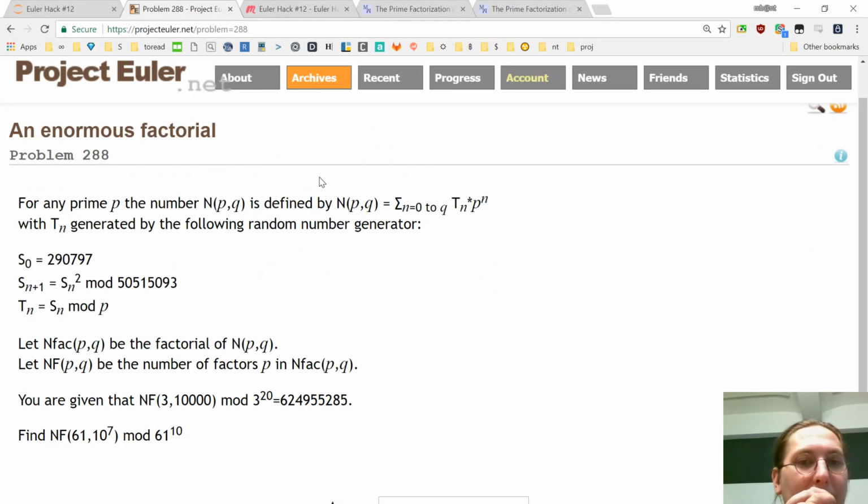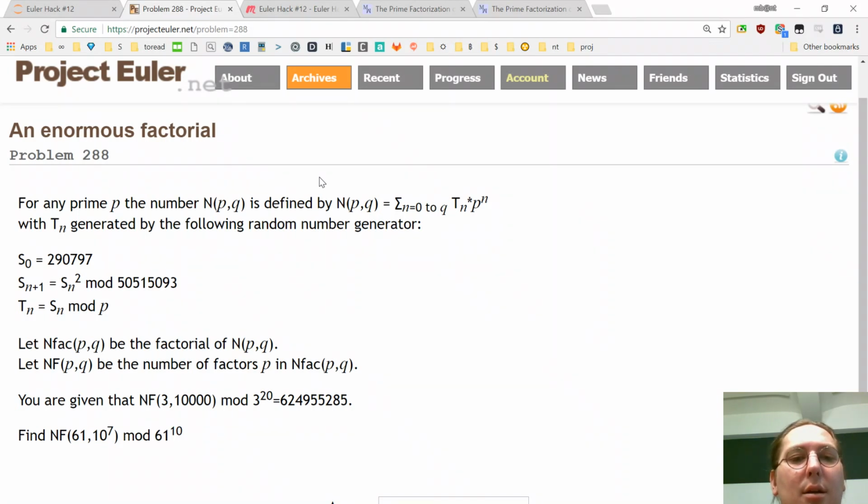What does it mean? If you divide the factorial, the n factorial, by p, how many times can you do that? Yeah. So if you do the factoring of that number, not the factorial, but put it back into prime factors, then it's which power does the P have in that?